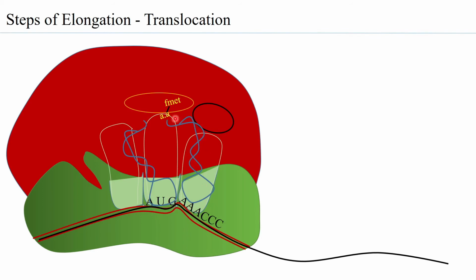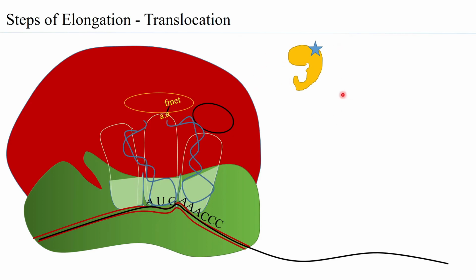But their upper acceptor arms have tilted towards the E site and the P site, indicating that that is where the tRNA is going to shift with translocation. Now next what happens is that you have the EF-G that is going to help the anticodon part of the tRNA shift to the E site and the P site respectively.